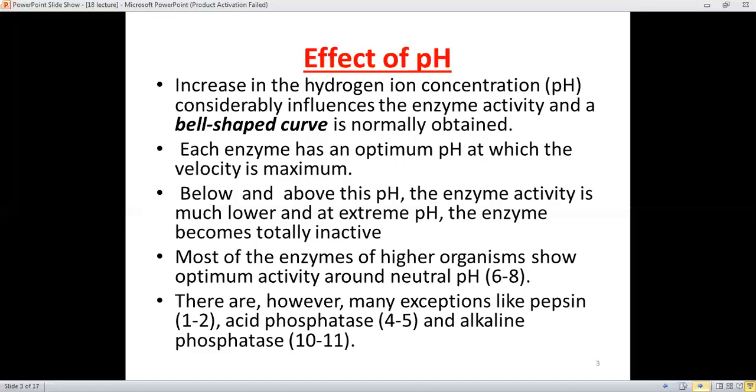Neutral pH is 7, and a little bit acidic and a little bit alkaline, like 8.